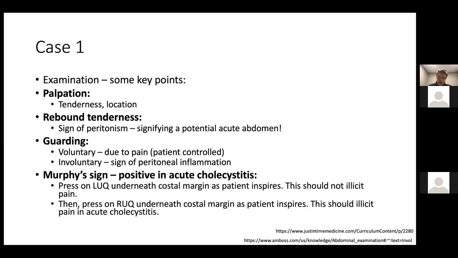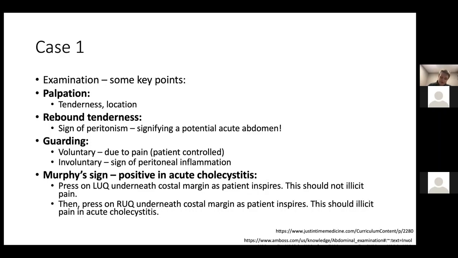An important sign to remember for gallstone pathology is Murphy's sign. This is positive in acute cholecystitis. Firstly, you press on the left upper quadrant, just underneath the costal margin, as the patient inspires. It shouldn't elicit pain.